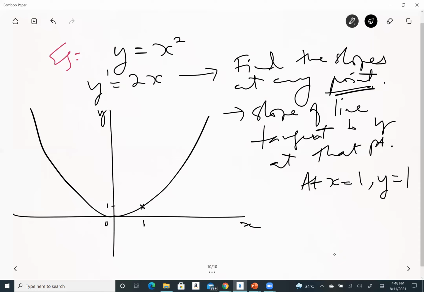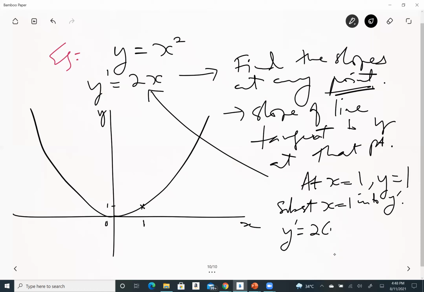Now I want to find the slope at that point. How do I do that? I use the derivative. Easy: substitute x equals 1 into y prime. y prime is equal to 2 times 1, which equals 2. So the slope at x equals 1 is 2.